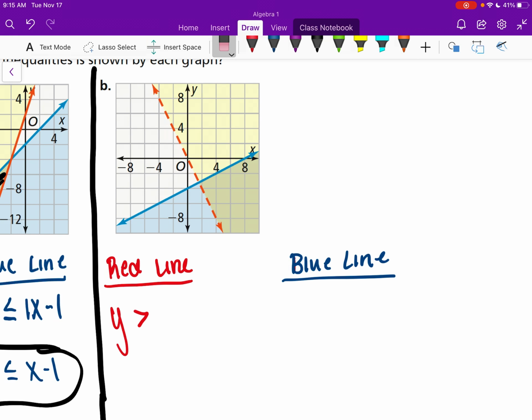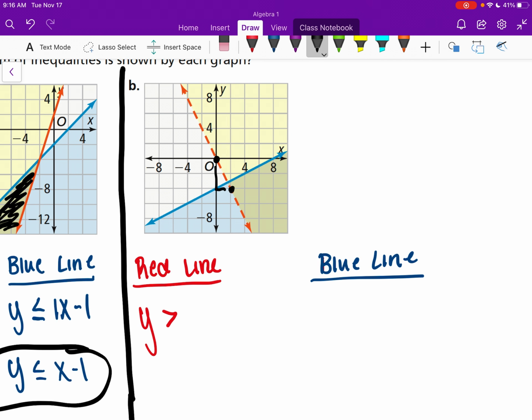Let's see if we can find our slope. Here's my y-intercept. Let's find another point on the line. We go from left to right. Here is a perfect intersecting point on that red dotted line. We go down and over.